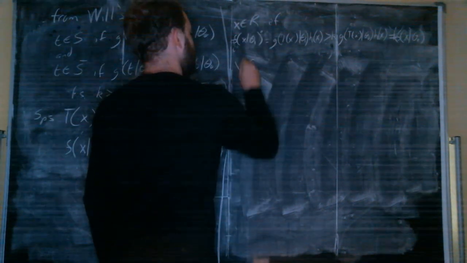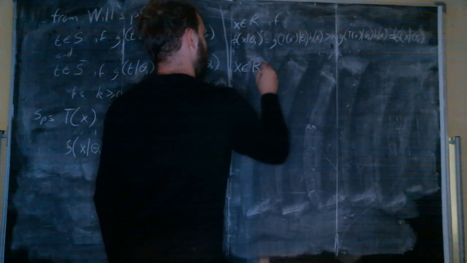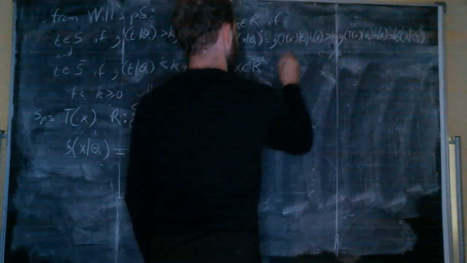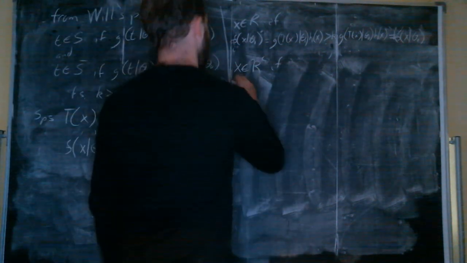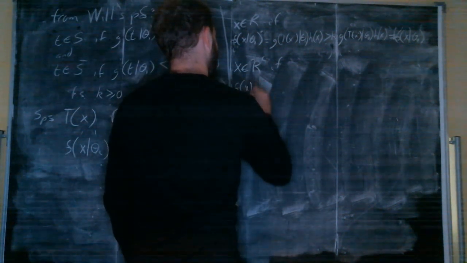Now, x will be in the complement of the rejection region if, and this is sort of the same exact thing mechanically, we're examining the second condition. We're going to have f of x given theta 1 from the lemma, but we can factor that.